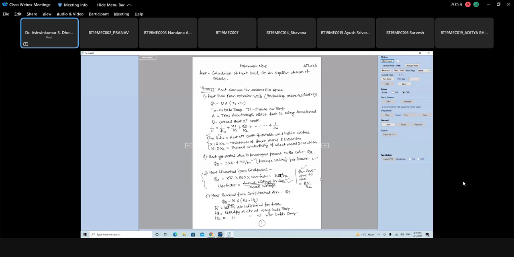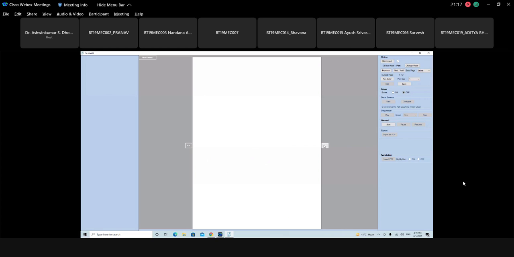So now you have got 1, 2, 3, 4, 5. The total heat load has to be the addition of all these. So the total heat load Qt will be Q1 plus Q2 plus Q3 plus Q4 if there is a fan, plus Q5.